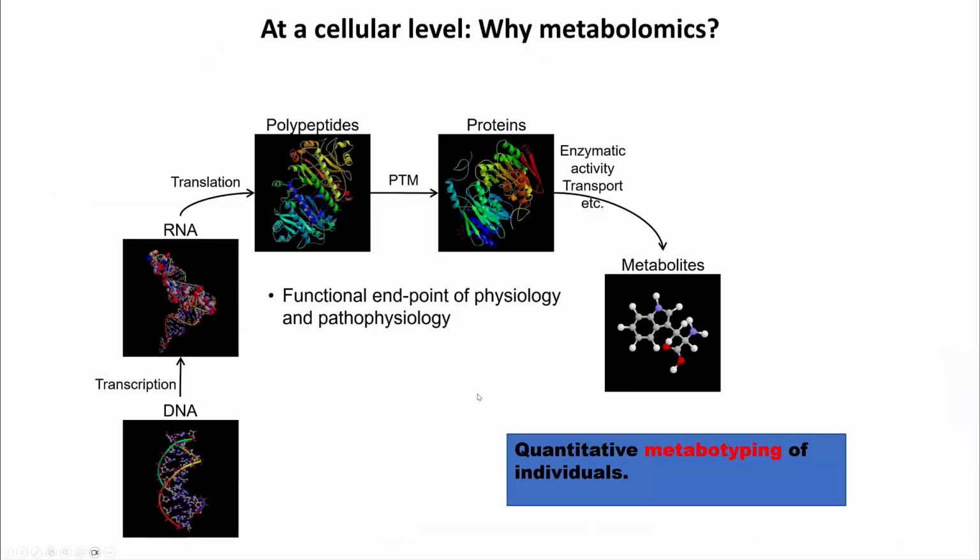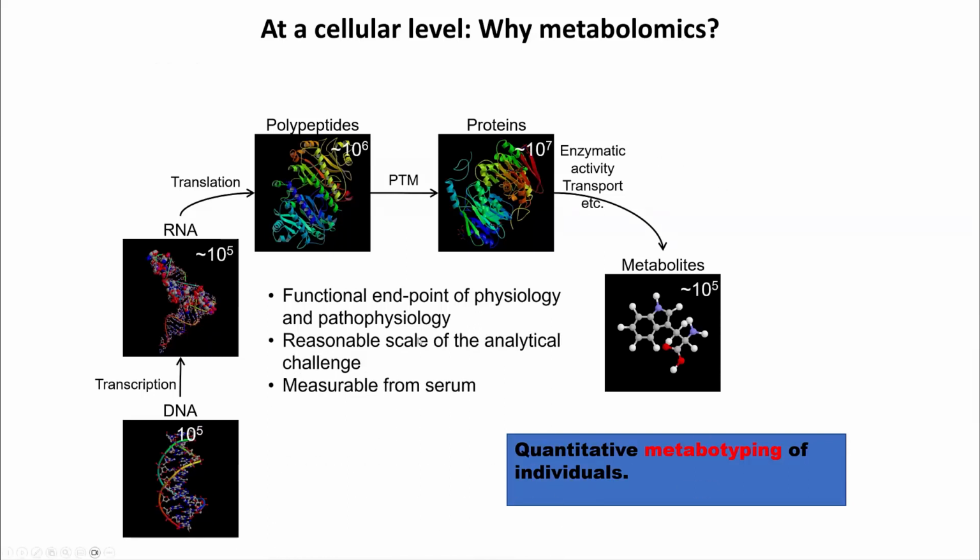Let me walk you through why metabolomics in a few seconds. We know the central paradigm in biology: DNA gives RNA gives proteins, but then proteins act on metabolites. Metabolites are ubiquitous in human physiology, in mammalian physiology and other physiology. And these are functional endpoints of physiology and pathophysiology. They are a reasonable scale of analytical challenge because they are small to medium-sized molecules.